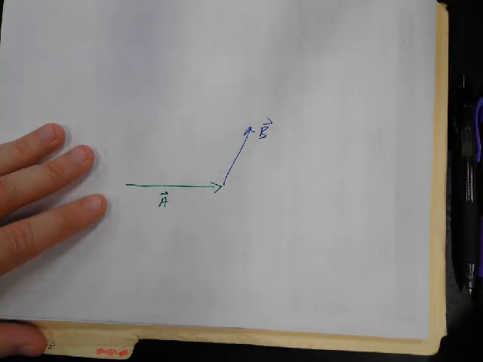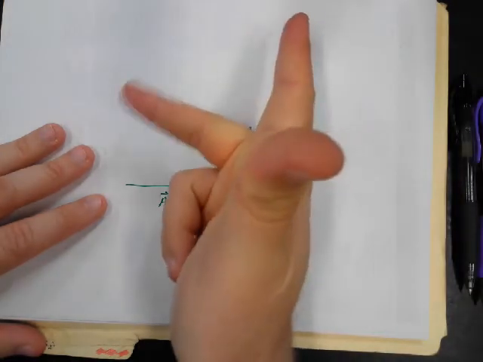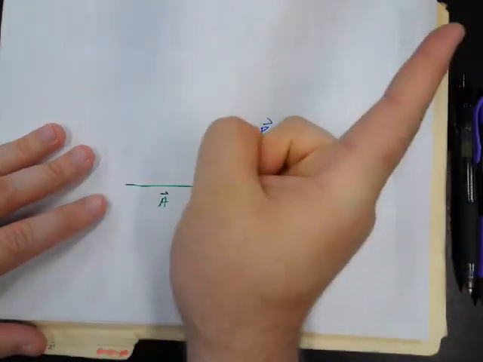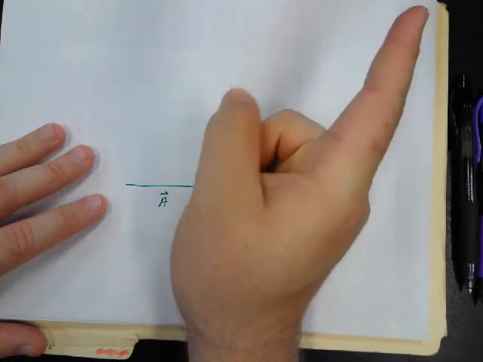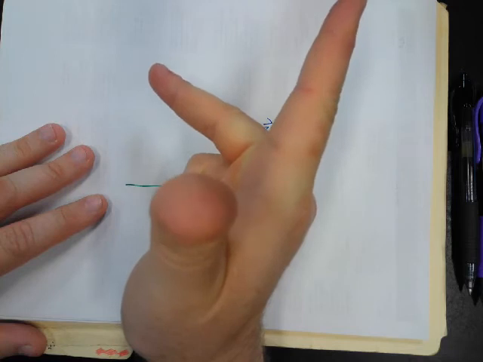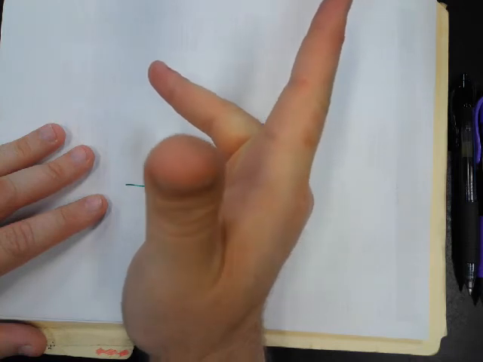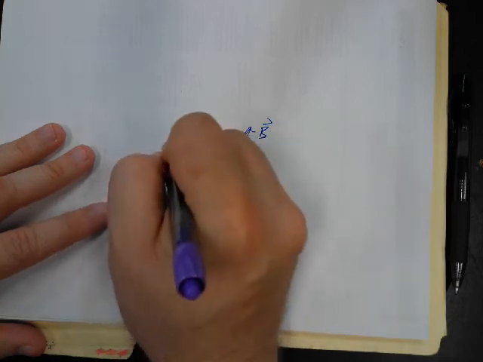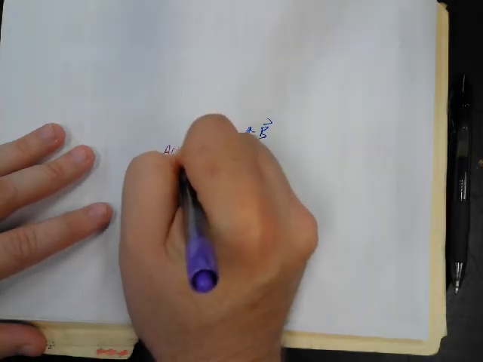So we showed you this: you point in the direction of the first vector, your finger is in the direction of the second vector, and your thumb represents the third vector. You can also express that as, imagine there's this area here.